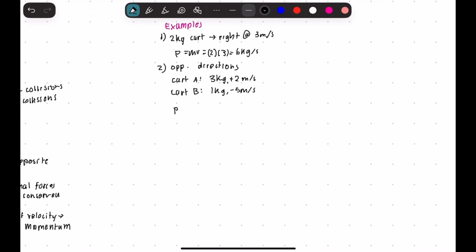So what is the total momentum? The total momentum is just going to be 3 times 2, and then 1 times negative 5. And that's literally just equal to 1 kilogram meter per second.